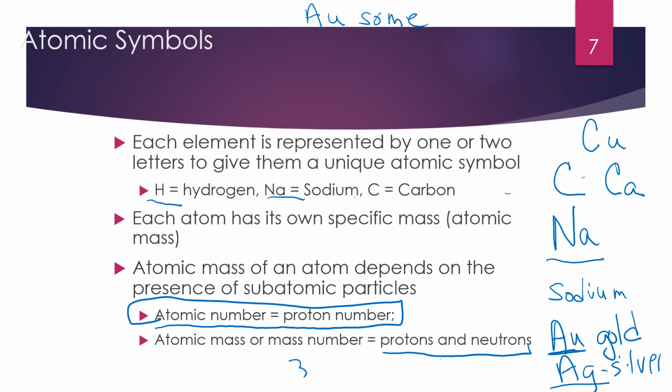So if there were 3 protons and 4 neutrons, that would equal an atomic mass of 7. The number of electrons is always the same as the number of protons because the charge is 0. So if you have 3 positively charged protons, you need 3 negatively charged electrons to balance out to 0.